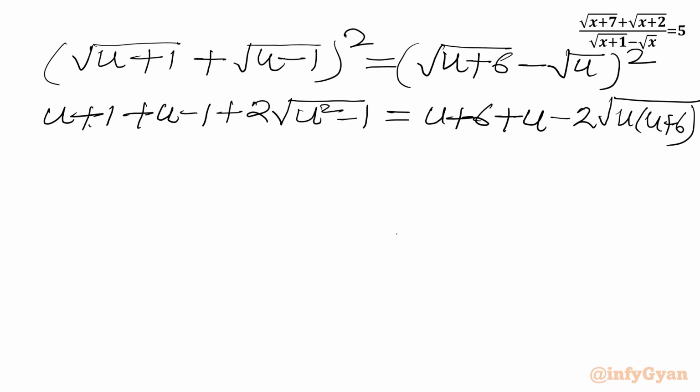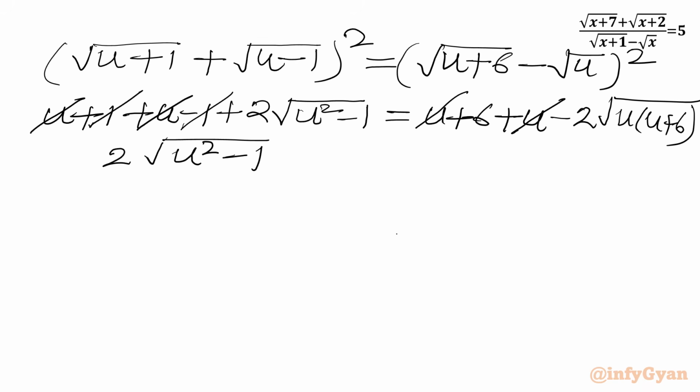Now u + u is 2u. We will subtract 2u from both sides. Plus 1 minus 1 will get over. We will write 2√(u²−1) will be equal to 6 − 2√(u²+6u).